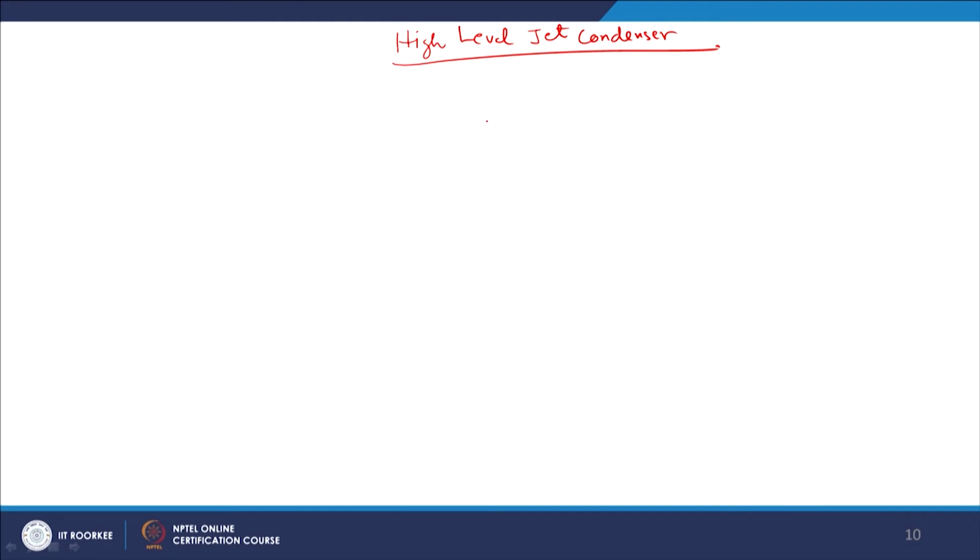Now in this condenser, it is almost like a counter flow condenser, where there is an air pump at the top, right, and there is a leg. The height of this leg is equal to or more than 10.3 meters, which is equivalent to 1 atmospheric pressure.